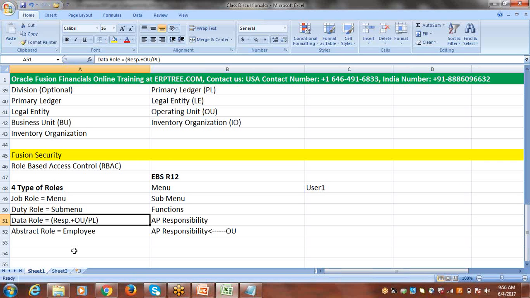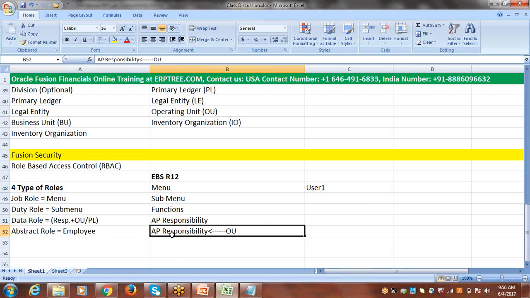The general process is that you create the user and assign the data roles to the user. In EBS, we create a responsibility, assign, for example, an operating unit to the responsibility, and then that responsibility is assigned to the user.